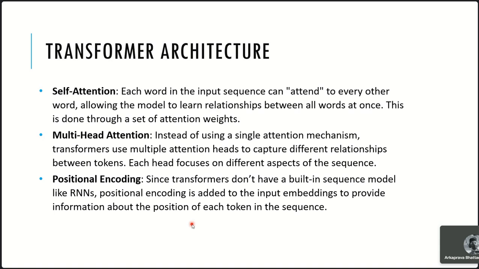Instead of one at a time sequentially, now we are doing all at a time. So this is what we call multi-head attention. Instead of using a single attention mechanism, transformers use multiple attention heads to capture different relationships between tokens, and each head focuses on different aspects of the sequence.